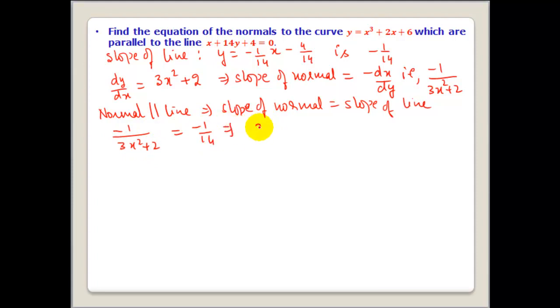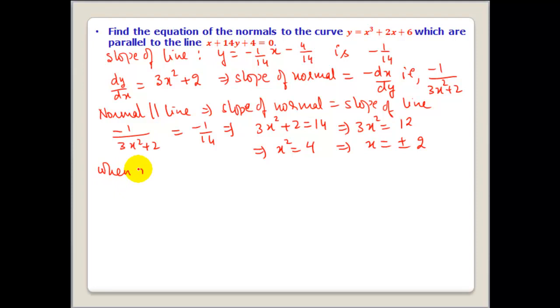So this on simplifying can be written as 3x square plus 2 is equal to 14, or we can say 3x square is equal to 12. That means x square reduces to 4, or we can say x is equal to plus minus 2. So possible values of x are plus 2 and minus 2.